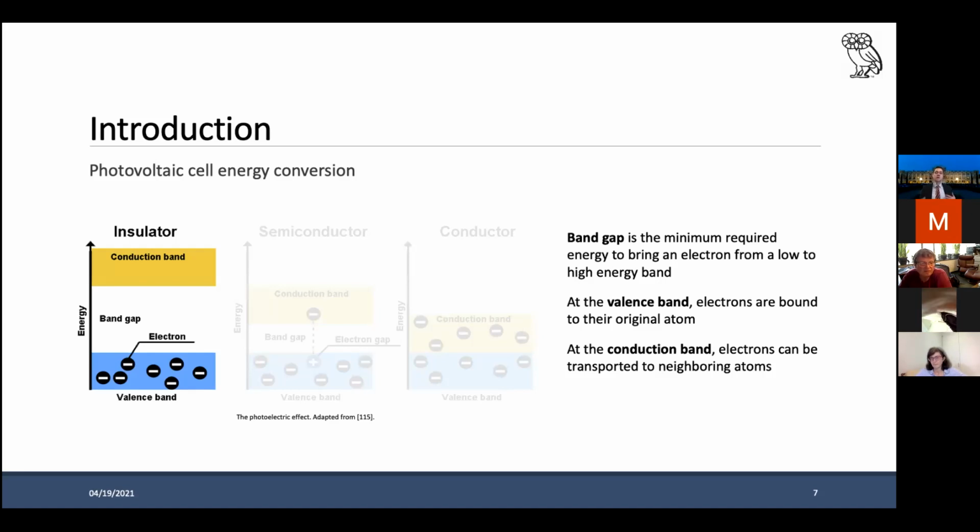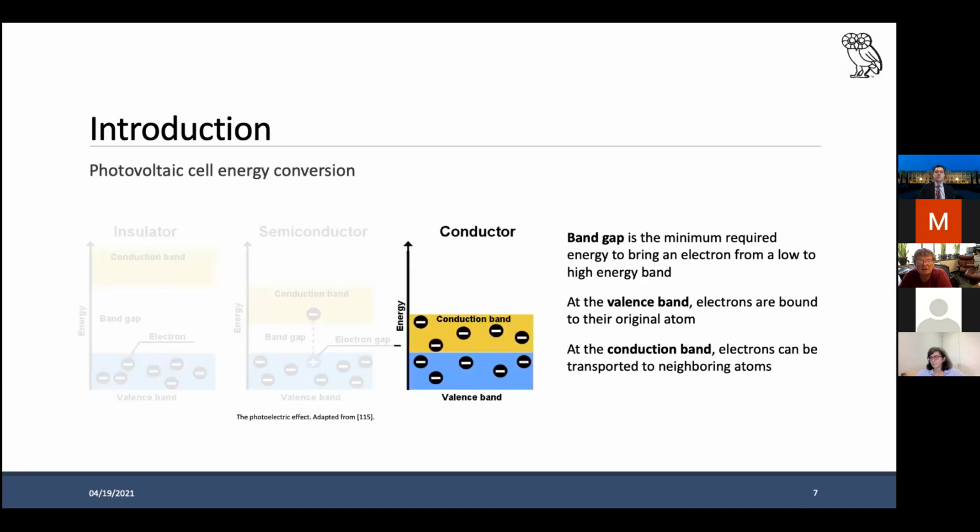This large band gap is what prevents these materials from conducting electricity at normal conditions. On the other side of the spectrum, we have conducting materials that have overlapping bands. They don't have a band gap like the insulators do, and the electrons can move freely in the conduction band. This is sometimes referred to as the sea of electrons.